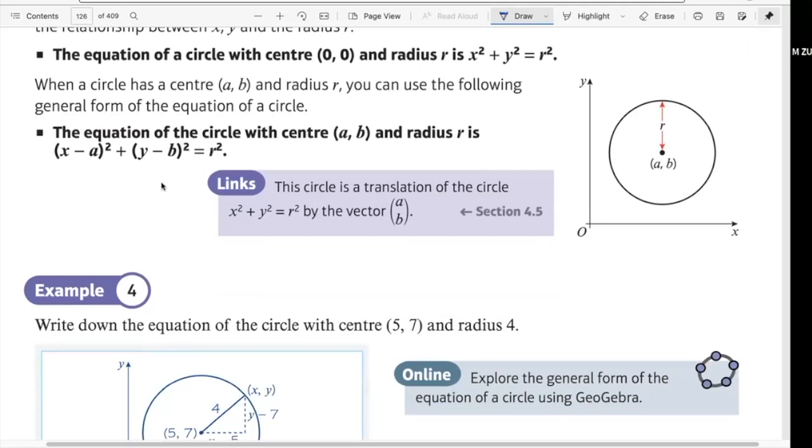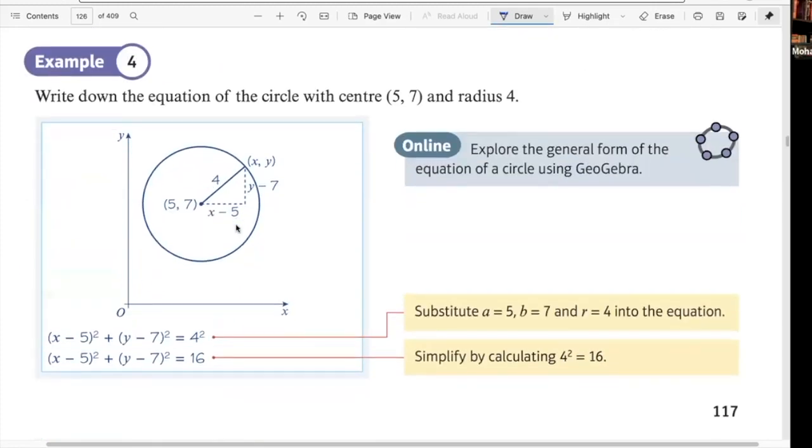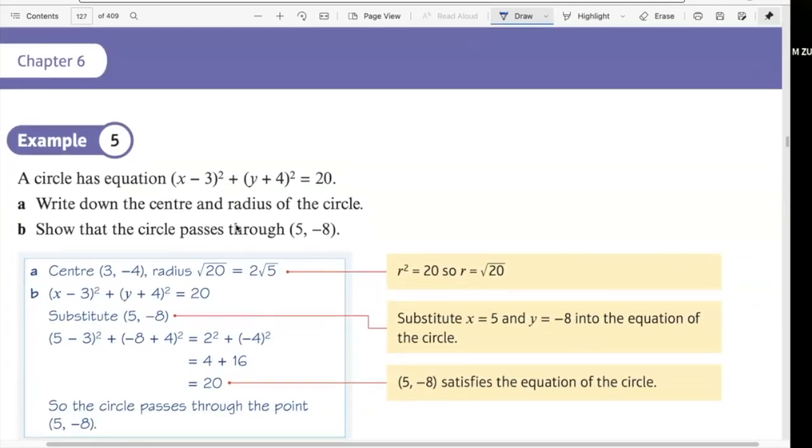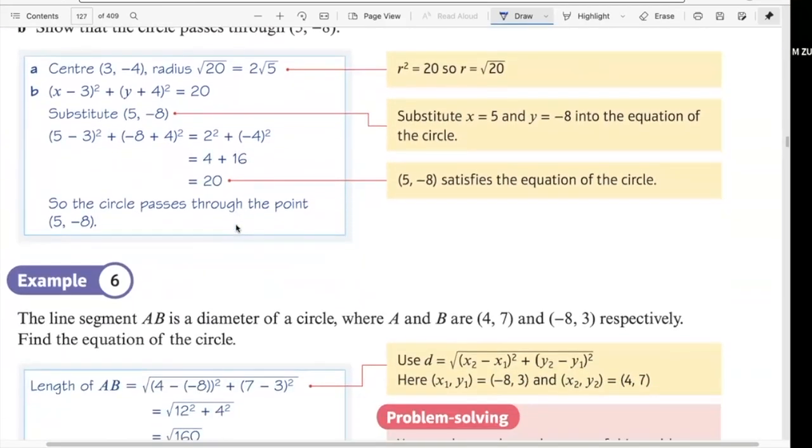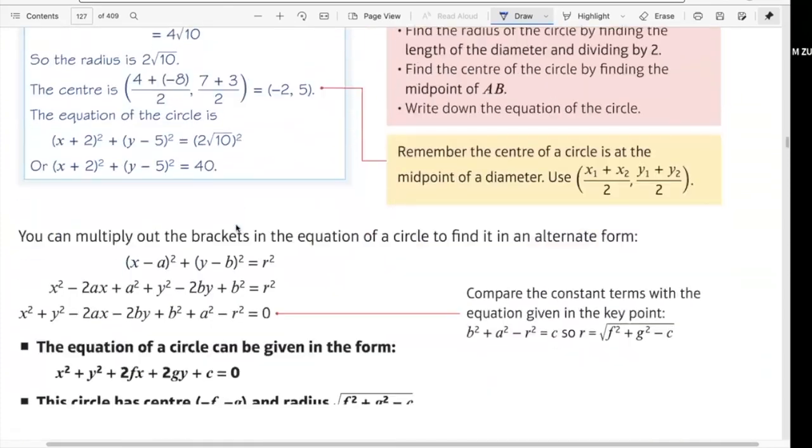This is actually two completing square forms in one equation. Suppose this would have been written like this: plus something, and then y minus b whole square plus something. Does it look like two completing square forms? Yes. So we need to have a strong grip on this. Then we'll solve for circles.